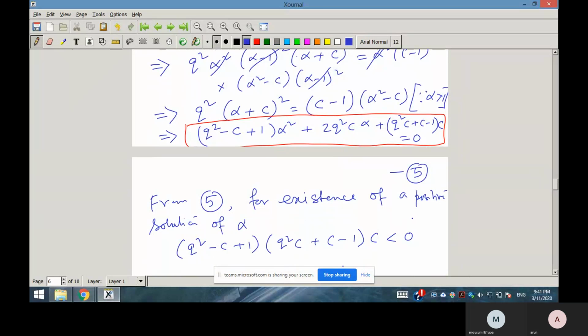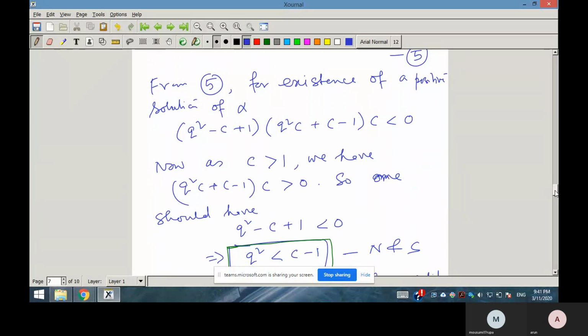So a into c should be less than 0. That's why this is a and this is c, and that's why I have written this here. A positive solution is important.